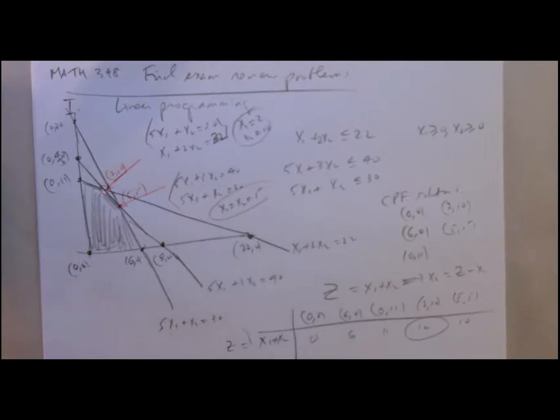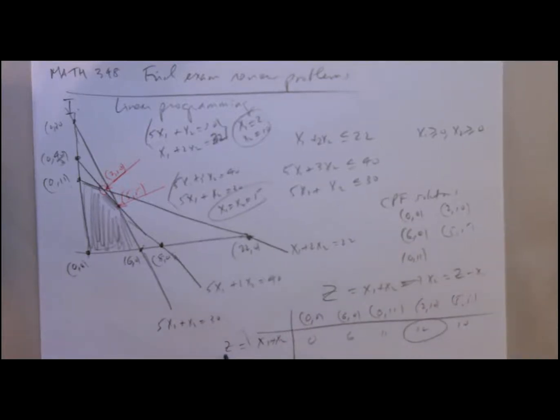That's the maximum. So the optimal value, the maximum value for your objective function z equals x1 plus x2, is 12.